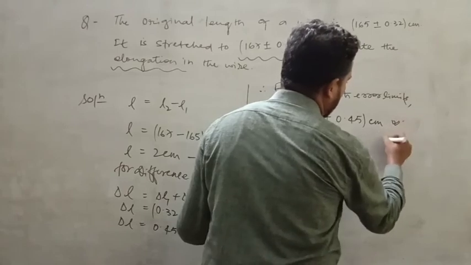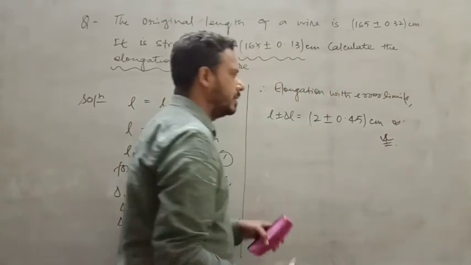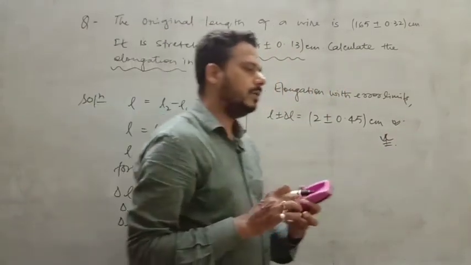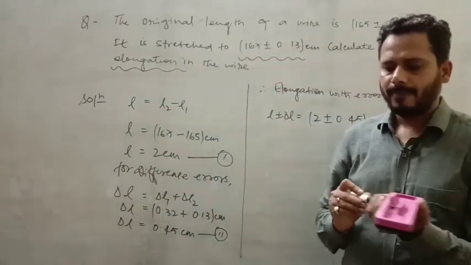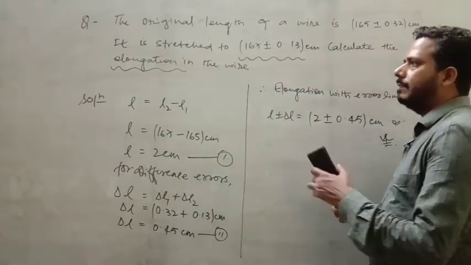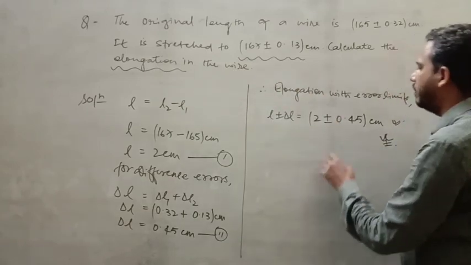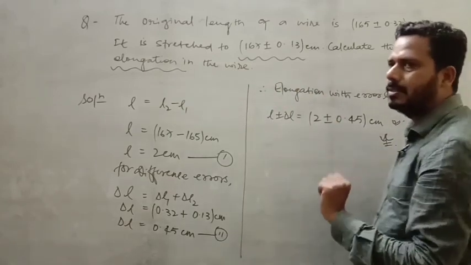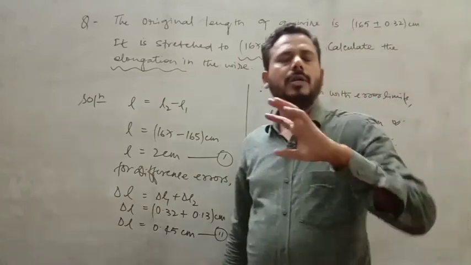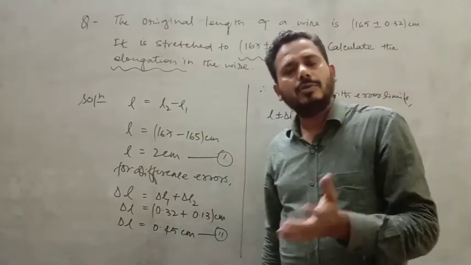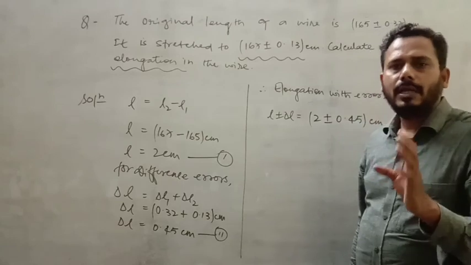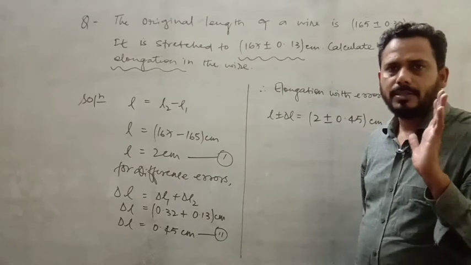This is your resultant. So what you have seen here is that whenever you go for the sum of the errors, you simply take the sum of the absolute errors. Secondly, whenever you go for the difference of the errors, there also you have to take the sum of the absolute errors. So this is your resultant.